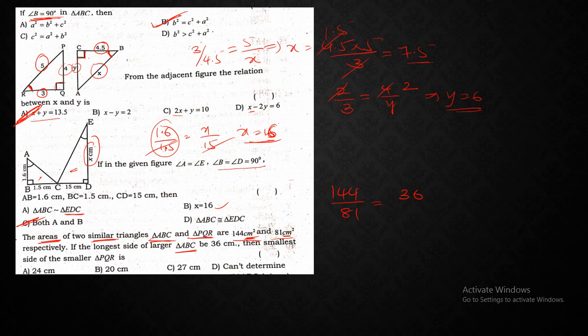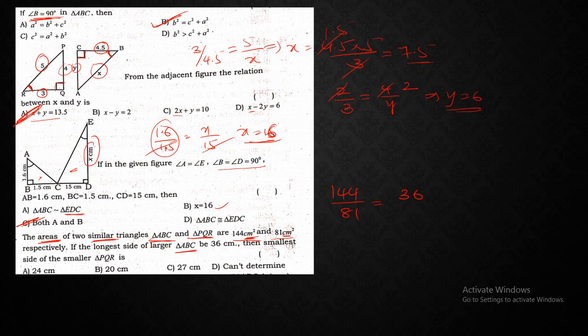So can we determine such a case? In triangle ABC, he is considering the longest side. In triangle PQR, he is considering the smallest side. So can you correlate them?